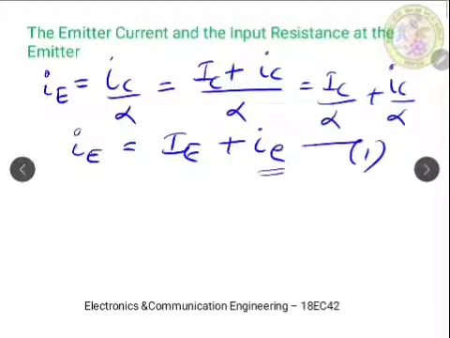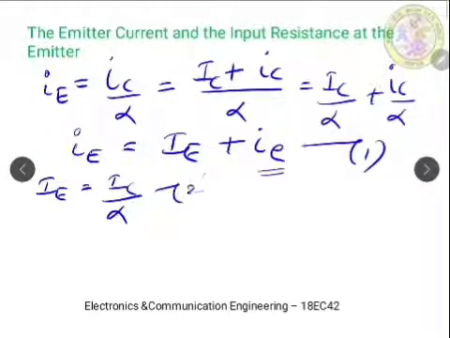Here capital IE is nothing but capital IC by alpha, and small ie is nothing but small ic by alpha. These are the BJT relations.